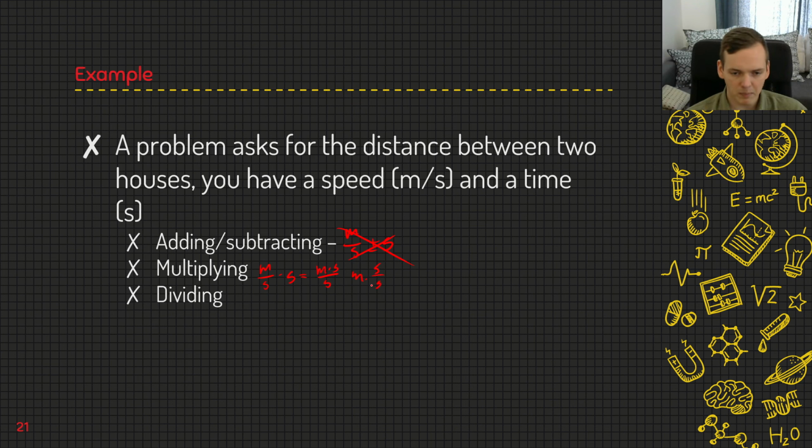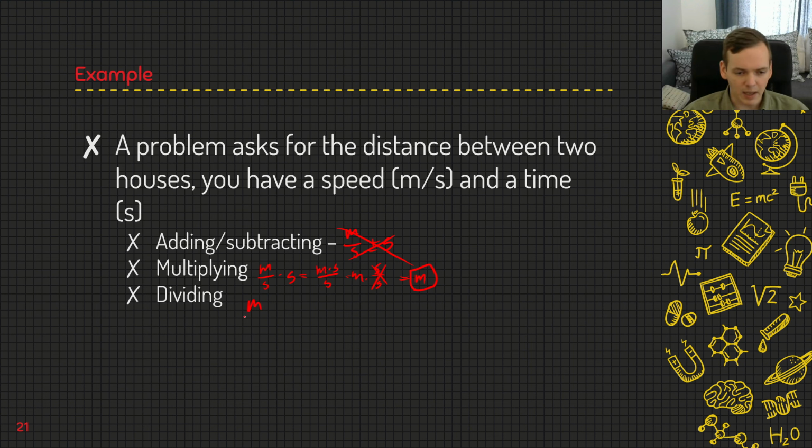And we know from algebra, anything divided by itself is 1. And so this will equal meters. And we think, okay, multiplying might be on the right track, or if I did multiply these and I got my answer as meters, I know that might be right because that is a distance.